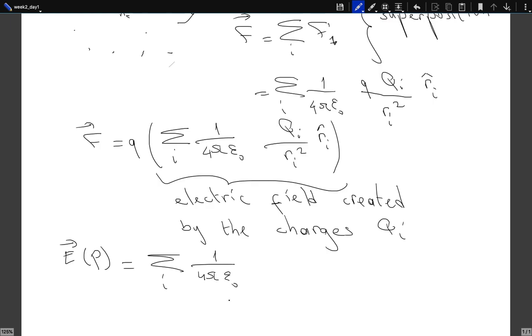This sum over i just basically means that if you have many charges in your system, just calculate the electric field created by your charges. So each one of these terms is the electric field created by the charge Qi, one of them. I'm just summing over all of them to calculate the total electric field at the point P.